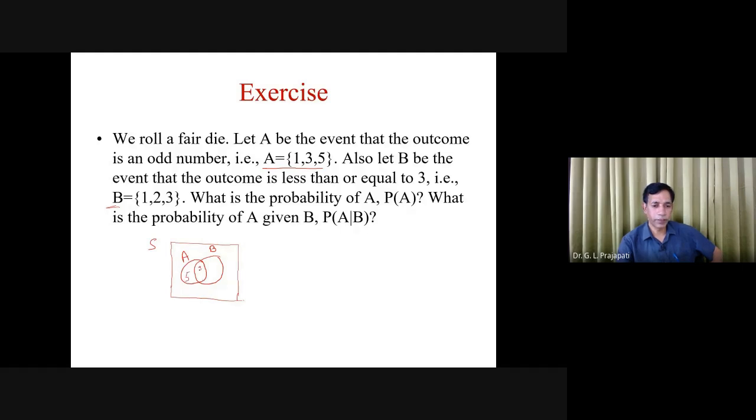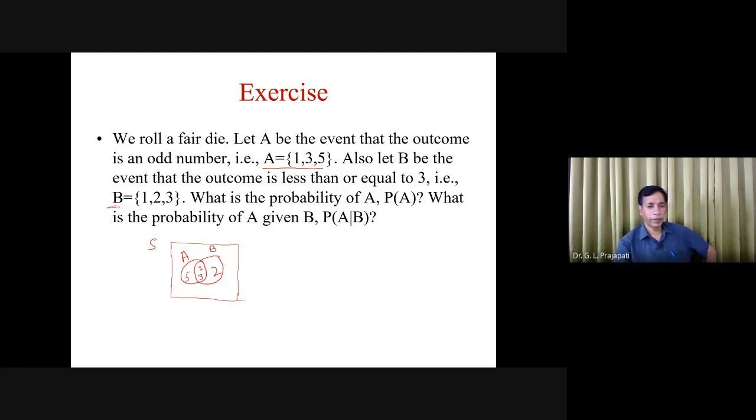Say this is 1 and this is 3. Now event B is 1, 2, 3. So this is 2 here.